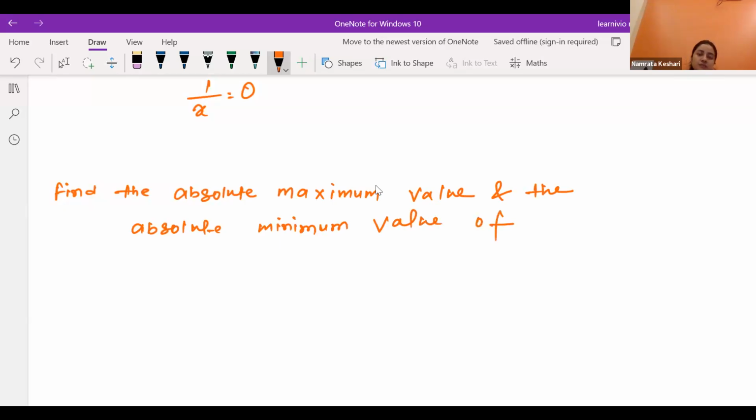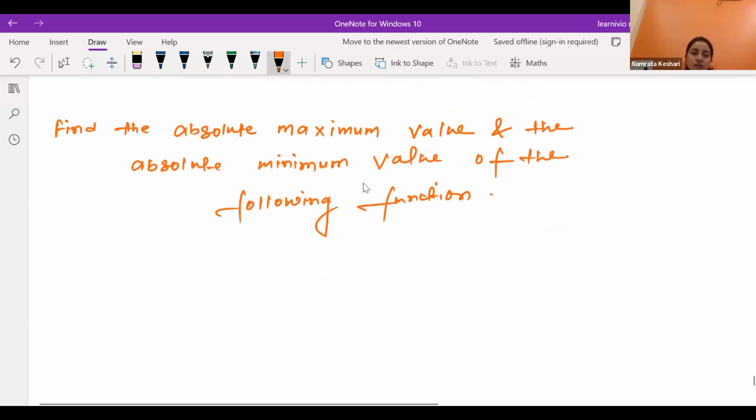Here, f of x is equals to x cube, and we have to check the absolute maximum or absolute minimum in this interval, -2 to 2.